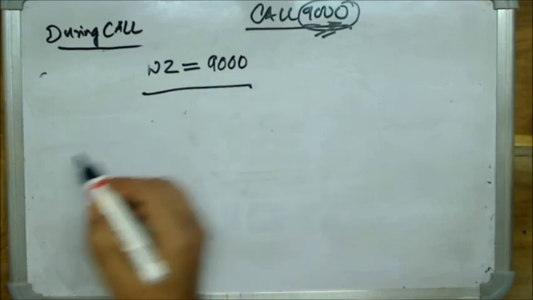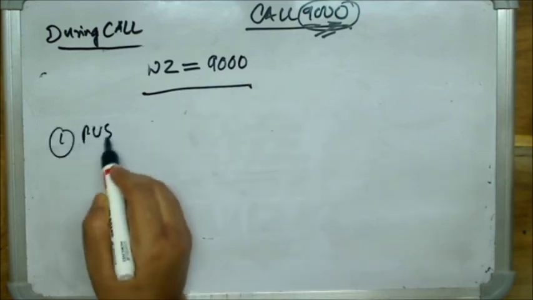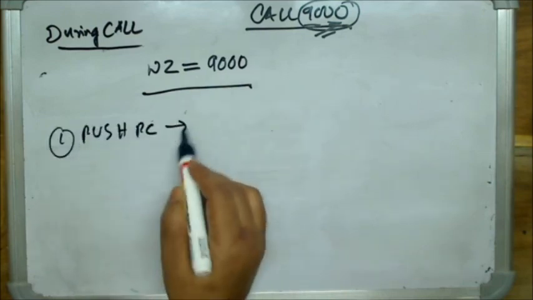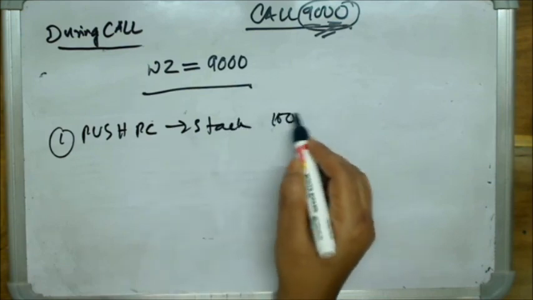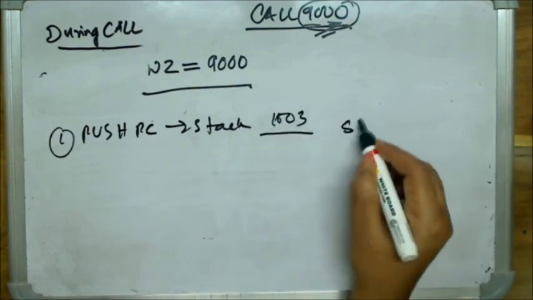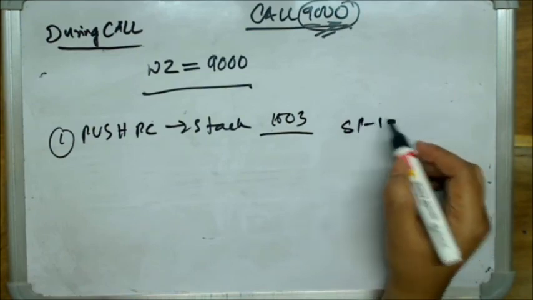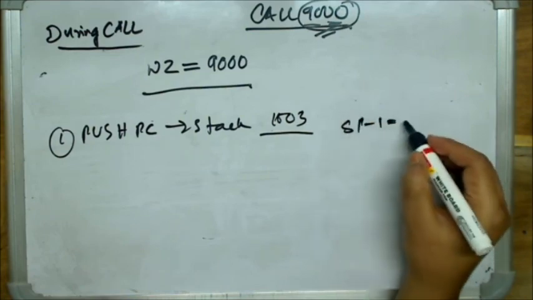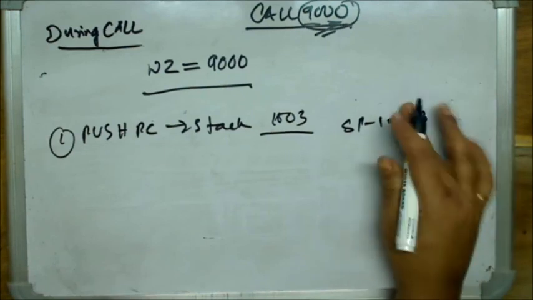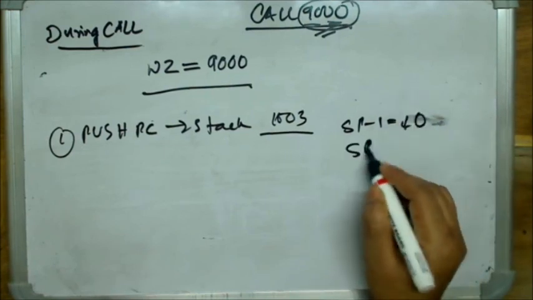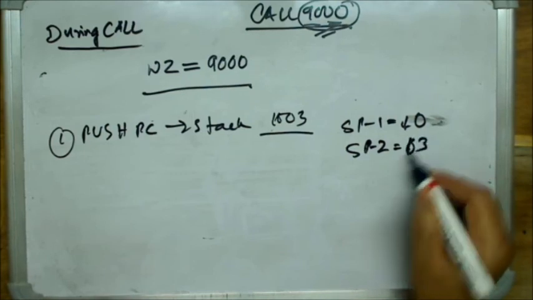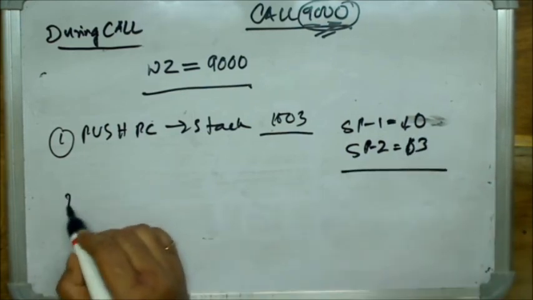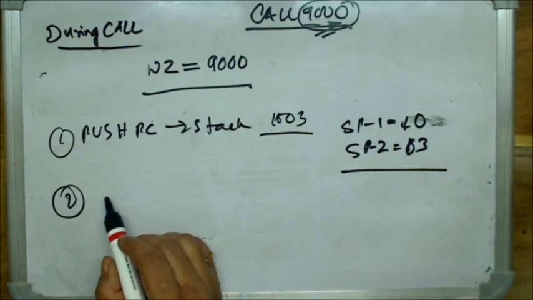In the first step, we did push PC into the stack, that is, we stored the return address into the stack. If the return address is 1003, then in SP minus 1 what is stored? 10. In SP minus 2, what is stored? 03.